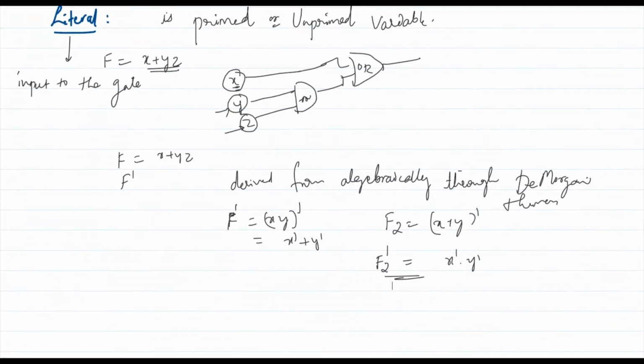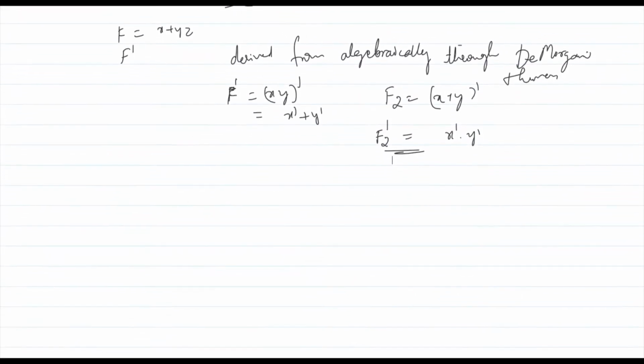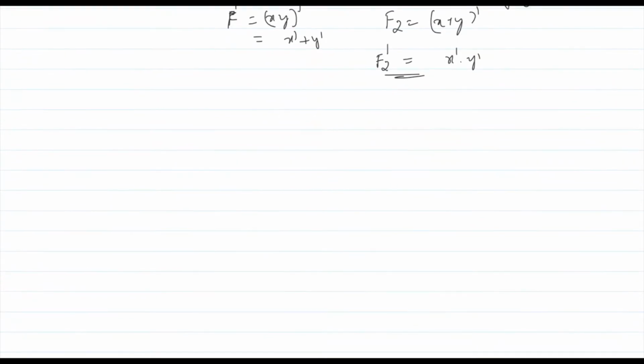Then what do we do if the function consists of three or more variables? That is our topic right here. I will show you how to complement the given function if it consists of three or more variables. Say for example, the function is f3 equals a plus b plus c, or x plus y plus z, whatever. Then f3 complement equals a plus b plus c whole complement.